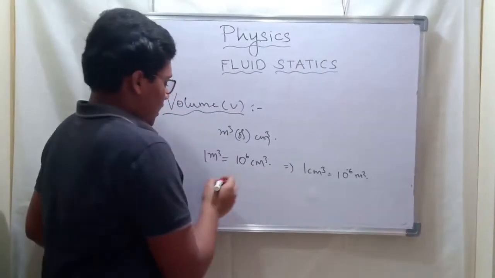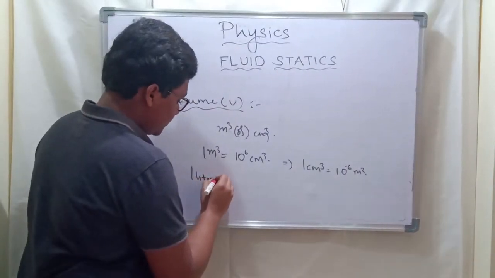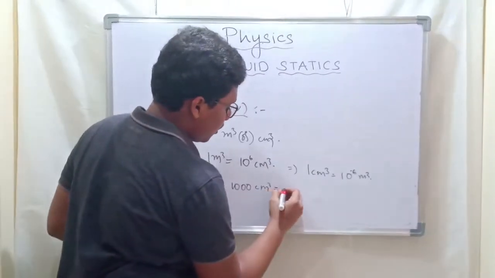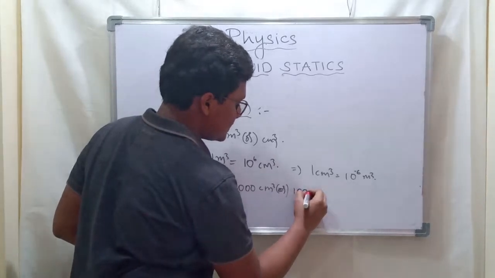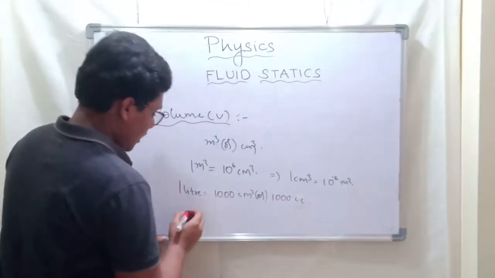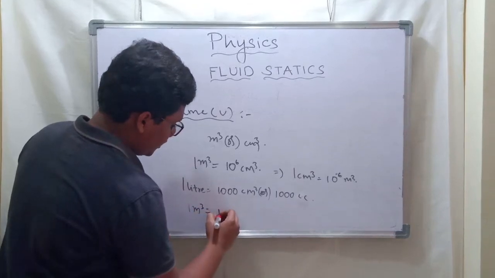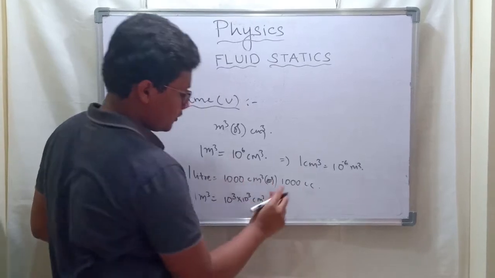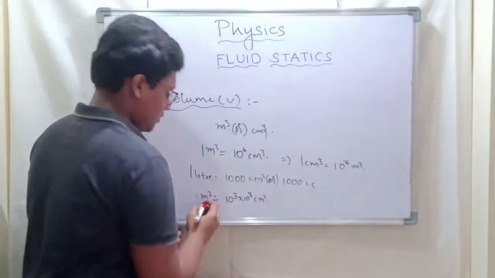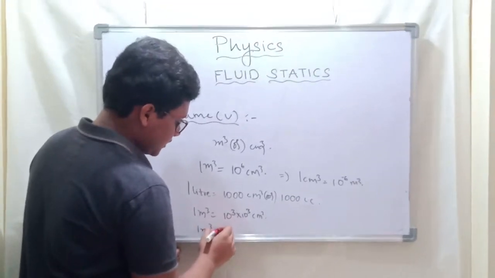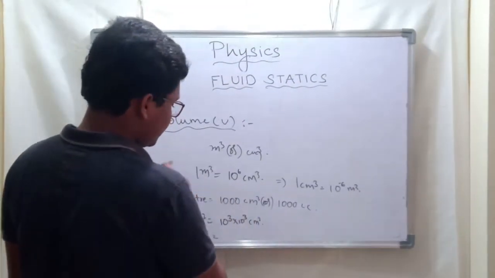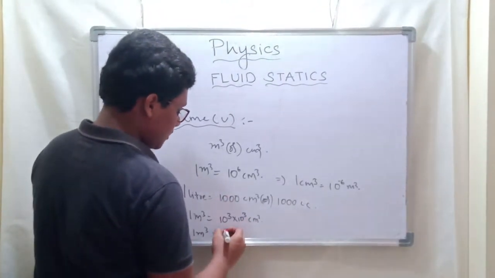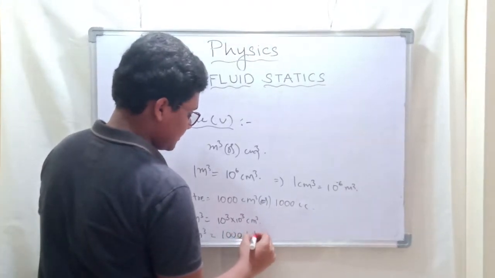And 1 liter is equal to 1000 centimeter cube, or 1000 cc. 10 power 3 centimeter cube is equal to 1 liter, so 10 power 6 centimeter cube, which is 1 meter cube, is equal to 1000 liters.